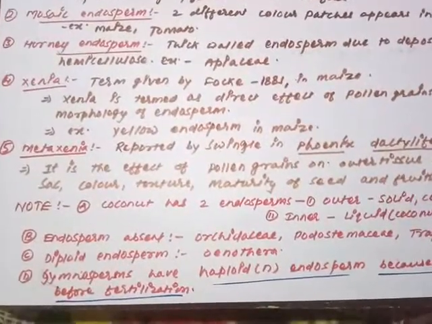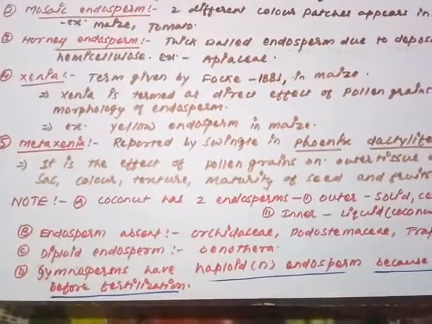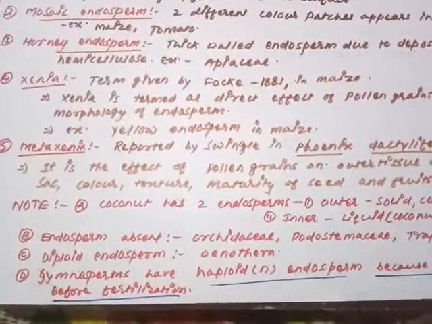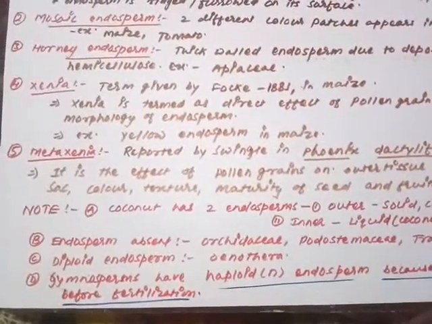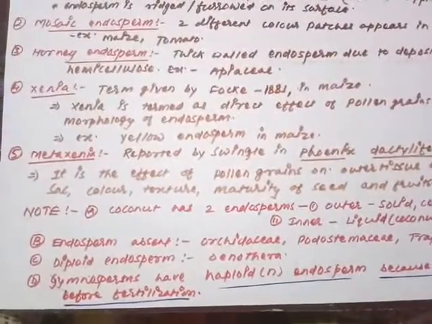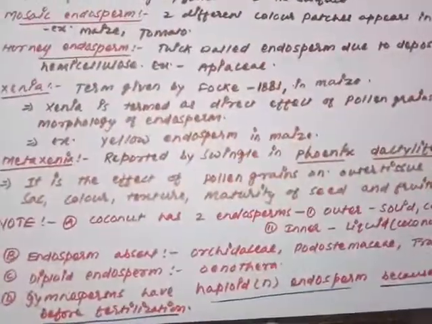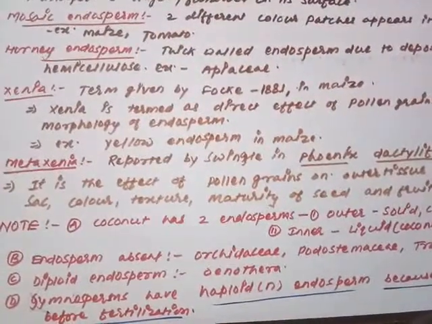If you can imagine, the maize plant has two types of endosperm. Some endosperm is yellow colored, and some is white colored. Yellow colored endosperm is more common since it is dominant, regulated by the dominant gene, and somewhere white colored is also there, which is regulated by the recessive gene.